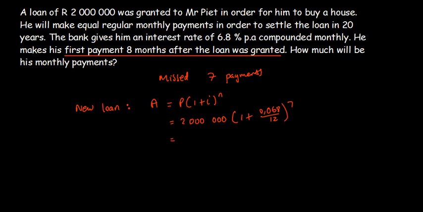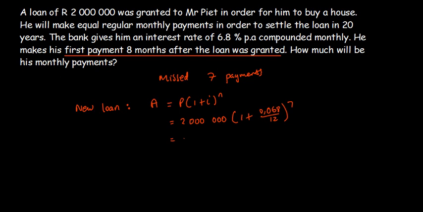So from there, good people, if you can quickly punch that into your calculator, you should get the new loan that Mr. Pete has to pay. Anyone who got it before me? 0,068 divided by 12 to the power of 7.